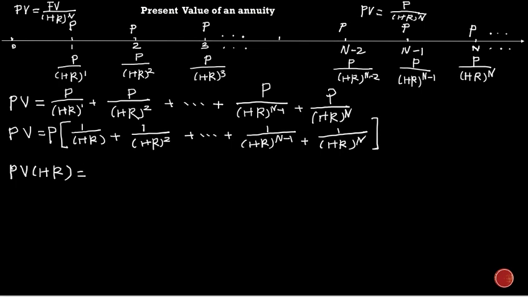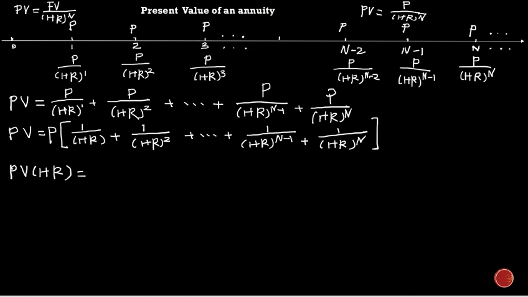Every term in the bracket we multiply by 1 plus R. This term times 1 plus R is 1.